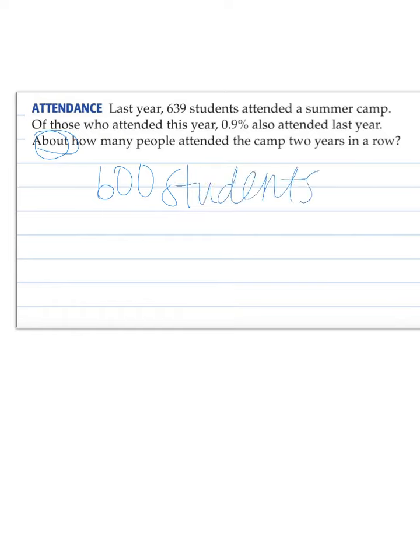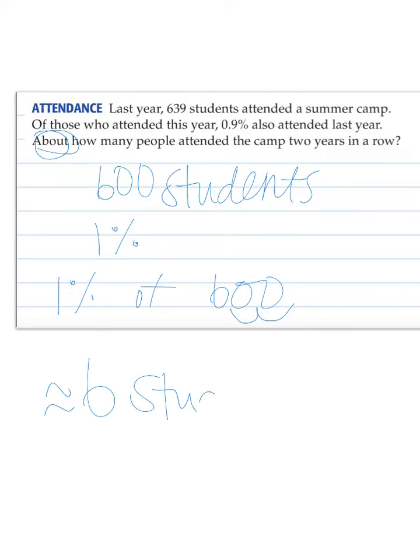And we're looking for 0.9% of that, which is approximately 1%. So we're finding 1% of 600. Again, to find 1%, we move the decimal over 2 spots, which is 6. So our answer would be approximately 6 students attended 2 years in a row.